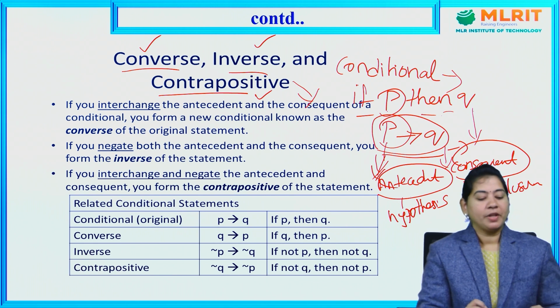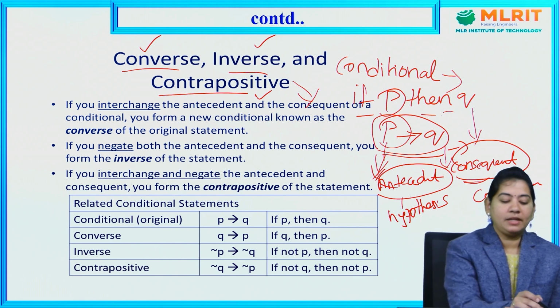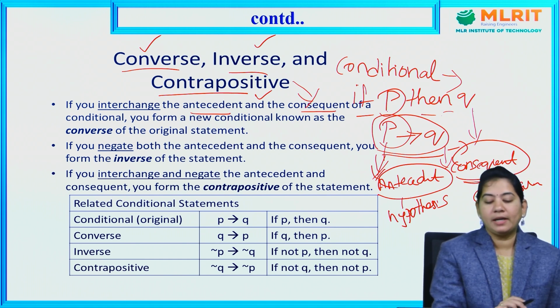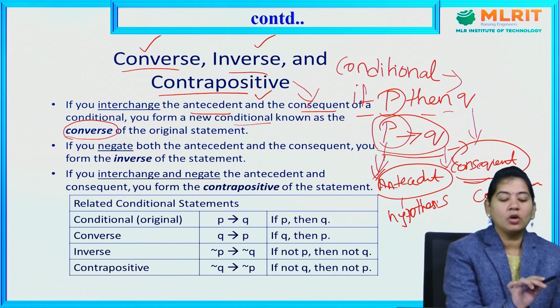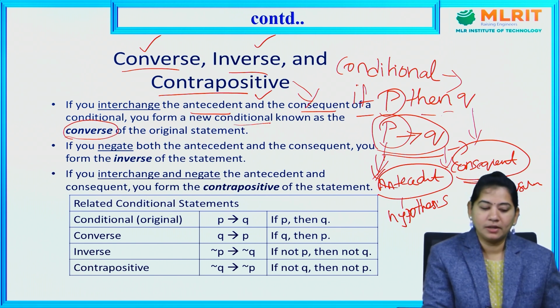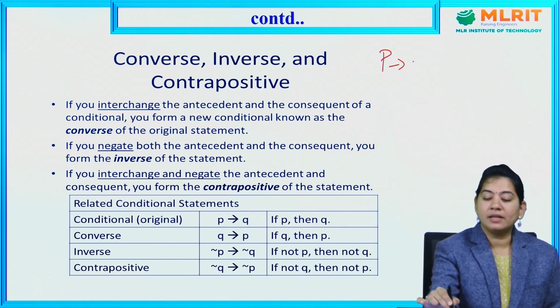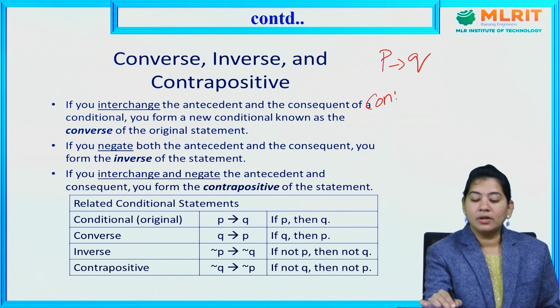So what is meant by converse, inverse and contrapositive? Let us see carefully. If you interchange the antecedent and consequent, you form a new conditional statement called the converse of the original statement. P implies Q is the conditional statement, and from this we get the converse, inverse and contrapositive.